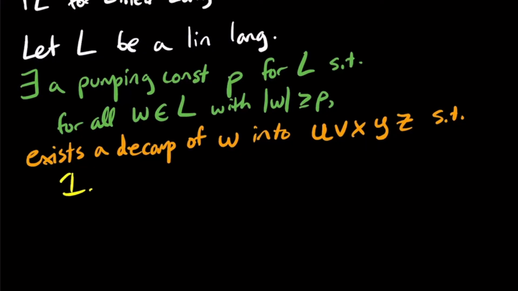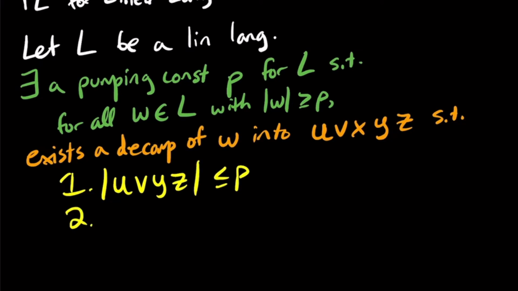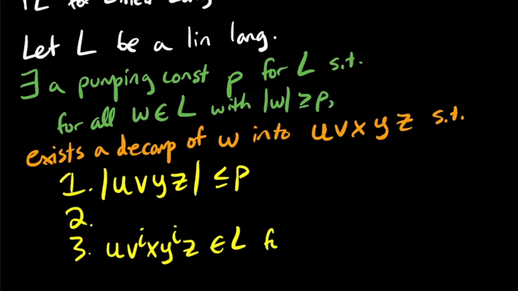So the first condition is that the length of everything but the middle piece is at most p. The second condition I'll return to. And the third condition is u, v to the i, x, y to the i, z is in L for all i at least 0.